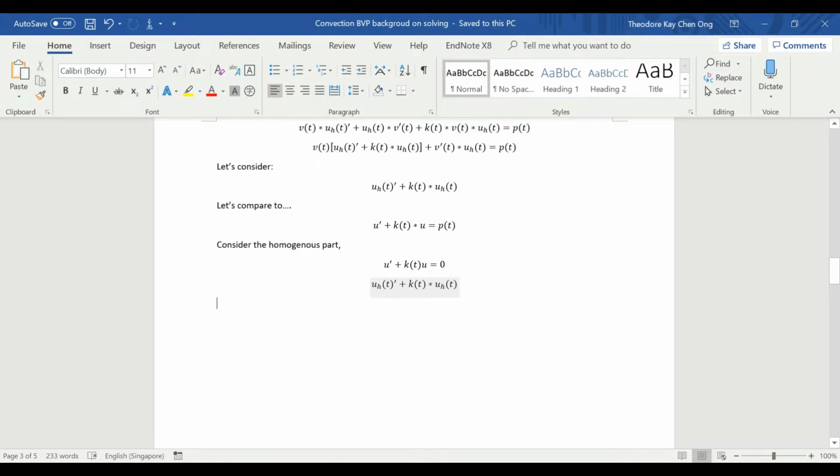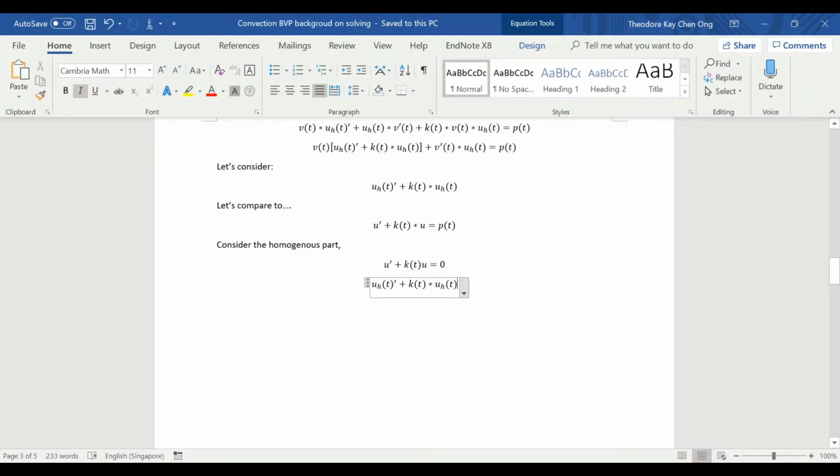And then we have u prime, this is the homogeneous differential, plus kt times u homogeneous. So since this is the homogeneous equation, this collection of terms here is exactly equal to the left hand side.